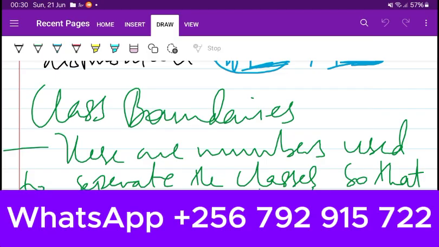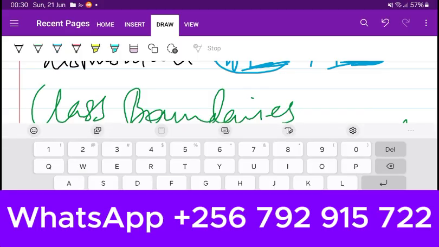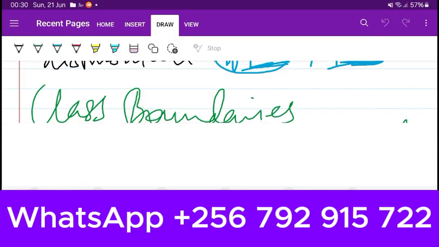So these are numbers that are used to separate classes so that there are no gaps in the frequency distribution.